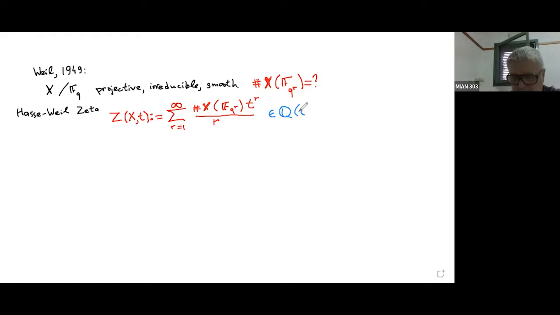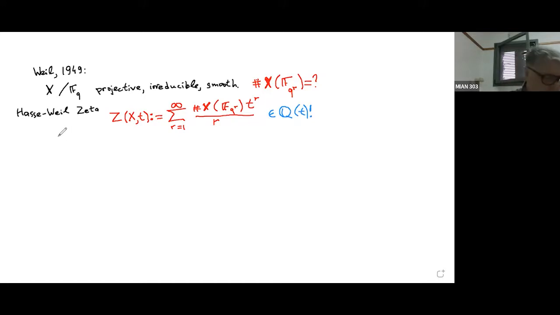It is by no means a trivial fact, but what I want to emphasize now is that the whole countable number of quantities is described by a finite amount of information.